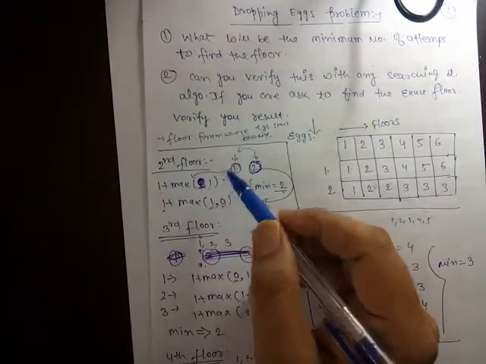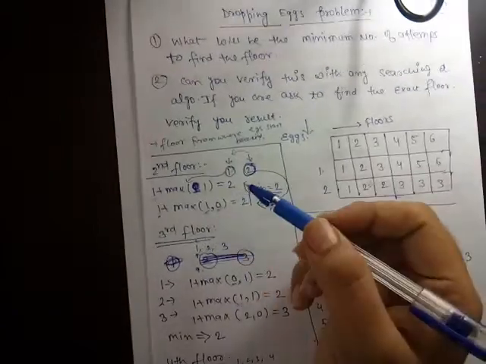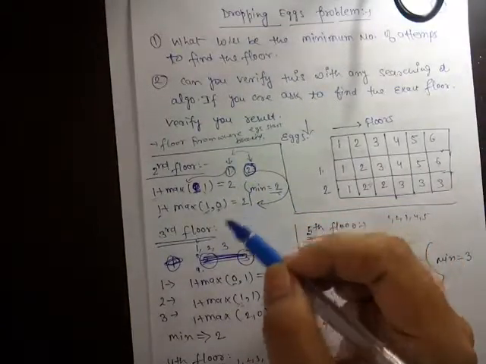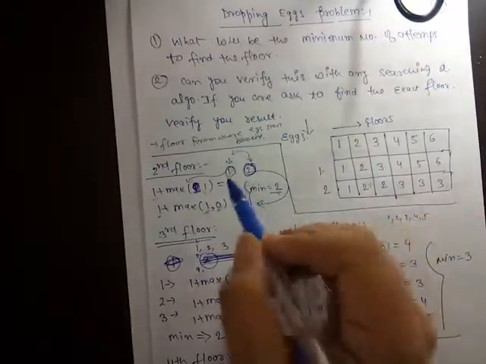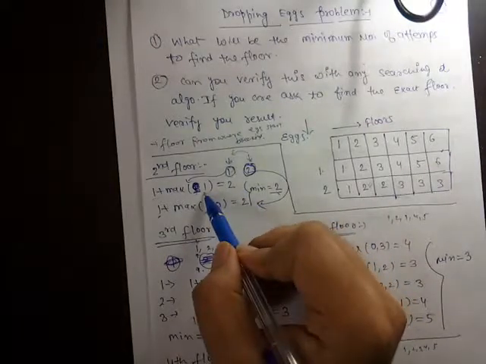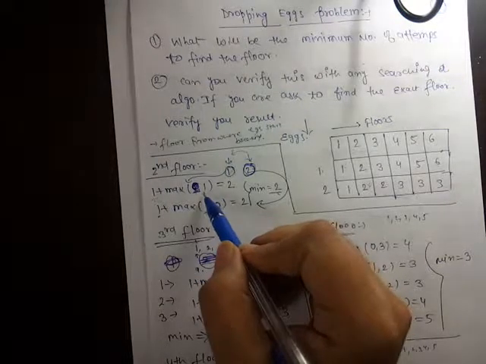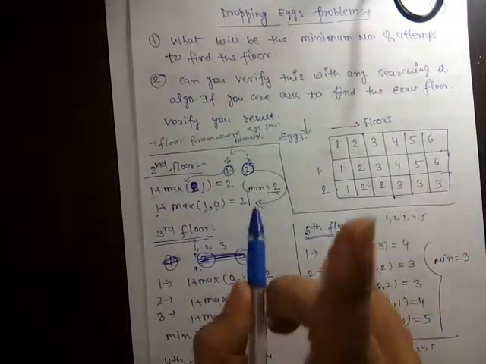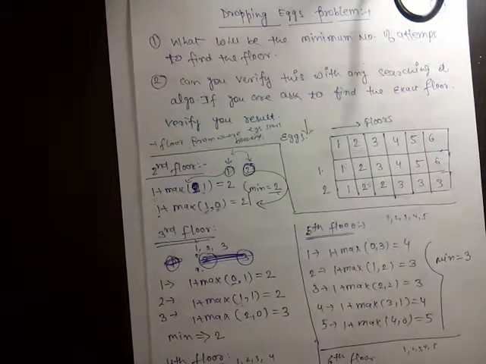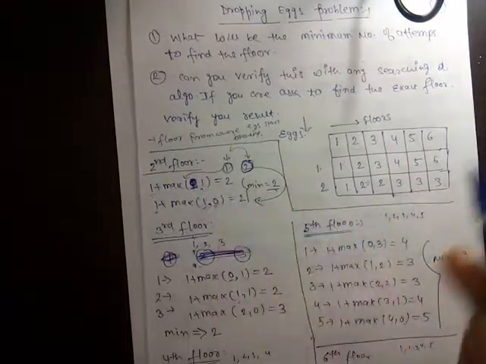Let's say the egg does not break. Then I will try for the remaining floors. So 1 floor is remaining. Now I have 2 eggs remaining and 1 floor remaining.